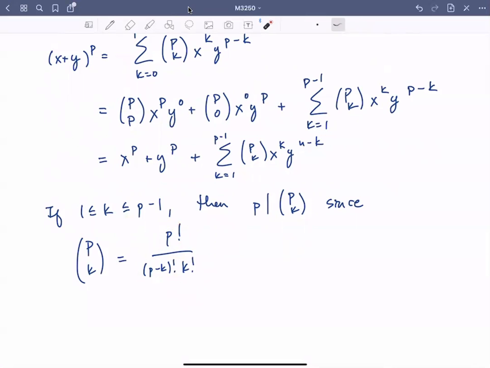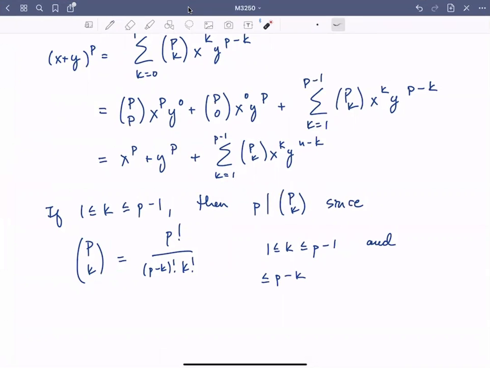Since k is between 1 and p minus 1, p minus k is in that range as well. p minus k will be smallest when k is largest.